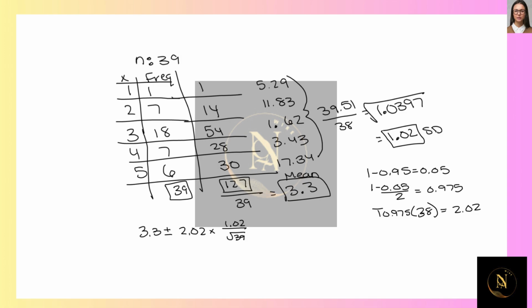And that's 0.163, times 2.02, and that's 3.3 plus or minus 0.33. And so 3.3 minus 0.33 is 2.97, comma, and then adding that together is 3.63.